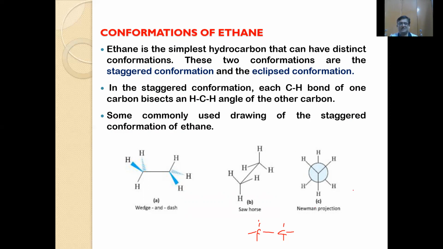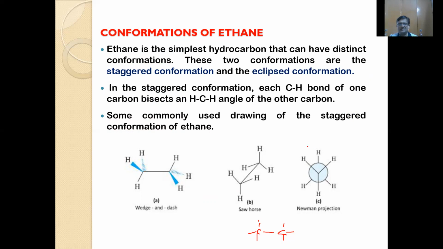This is the simplest molecule, consisting of 2 carbon atoms with a carbon-carbon single bond.